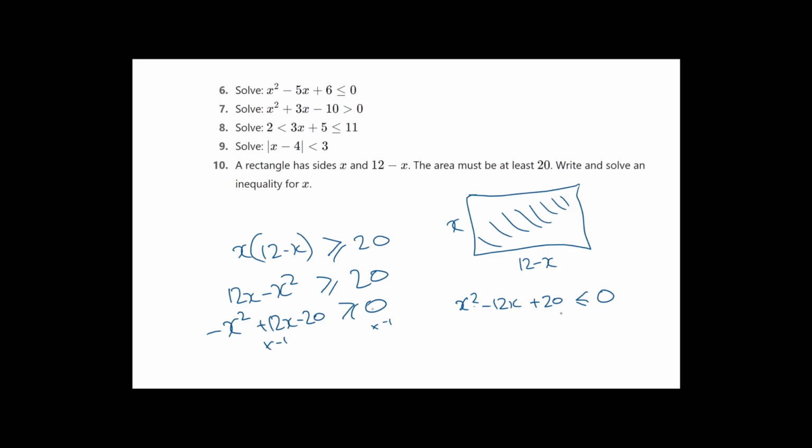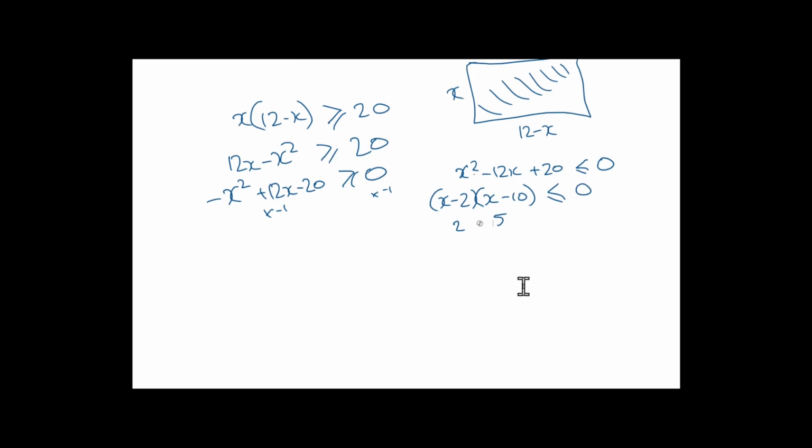So numbers that multiply together to give 20 are negative 2 and negative 10. So therefore 2 and 10, and I suspect that they may be the end limits.